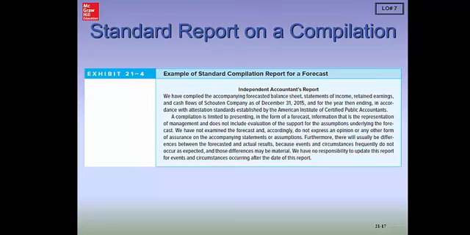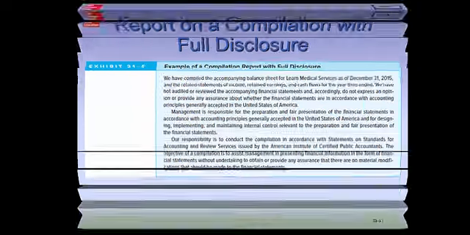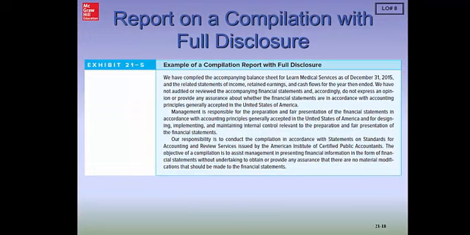A compilation is limited to presenting in the form of forecast information that is the representation of management and does not include any evaluation of the support of the assumptions underlying the forecast. We have not examined the forecast and accordingly do not express an opinion. So in this case, we are compiling, but we are not expressing an opinion on this compilation.